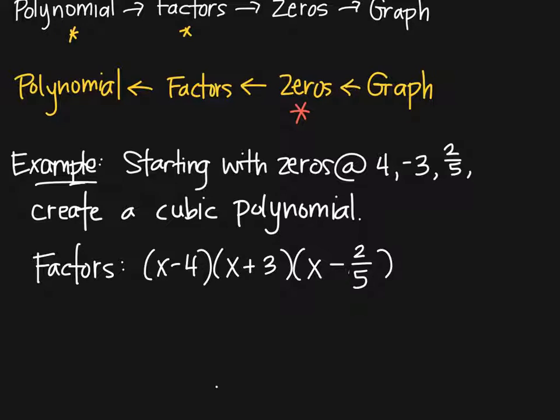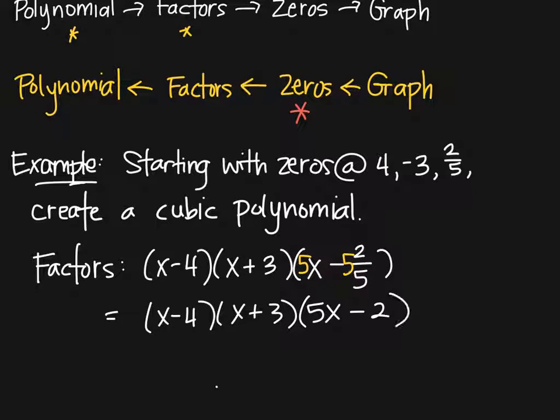We multiply by the number 5 so that we don't have fractions anymore. So what we really end up with are the factors x minus 4, x plus 3, and 5x minus 2, not plus 2, 5x minus 2. So those are the factors.